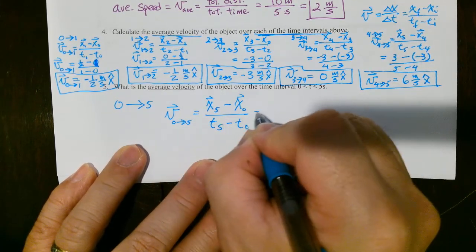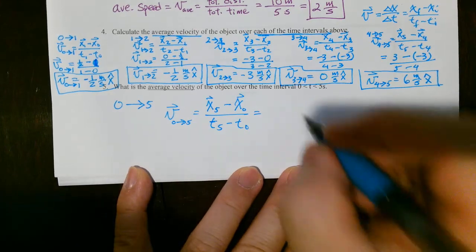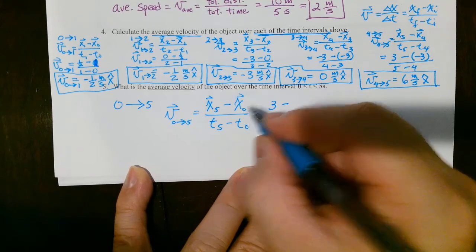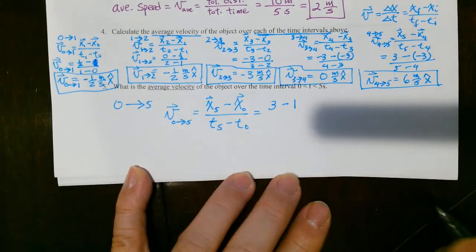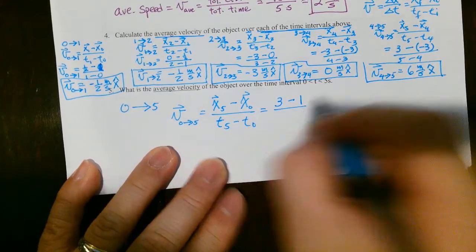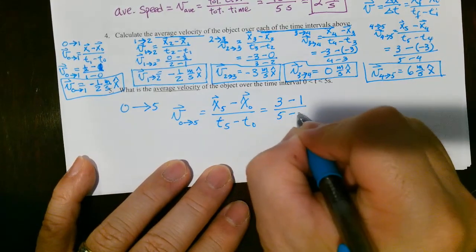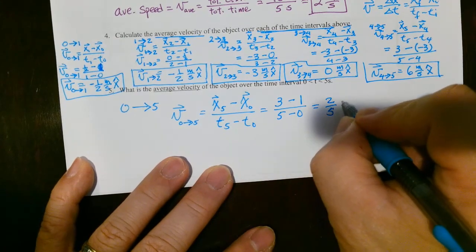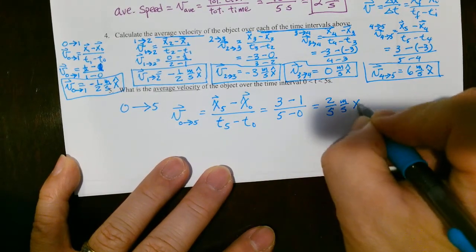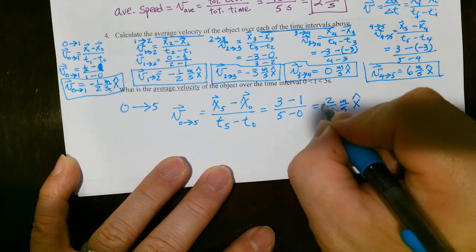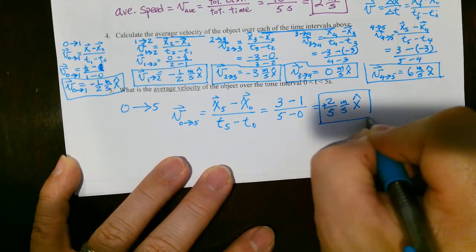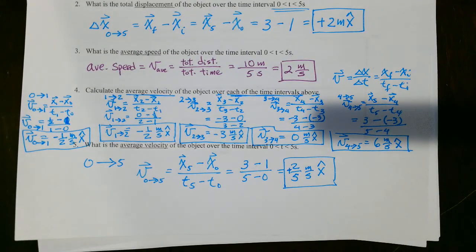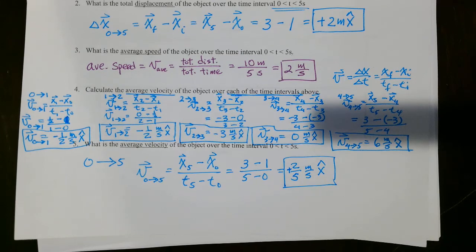And x5 is 3 minus x0 is 1, divided by 5 minus 0. That is 2/5 meters per second x hat, and it is positive. Okay?